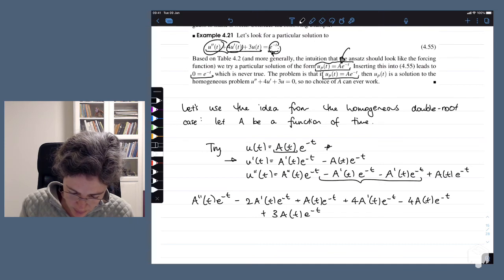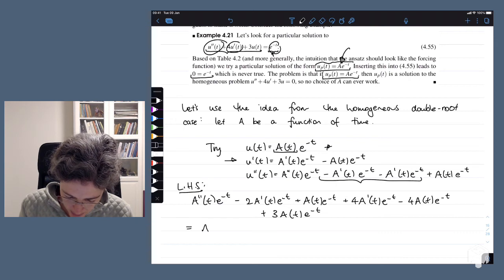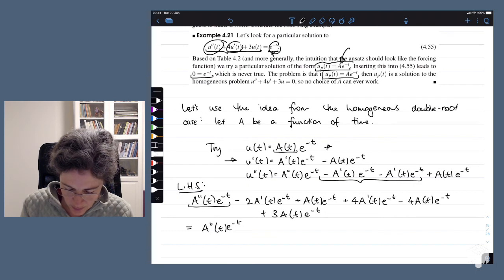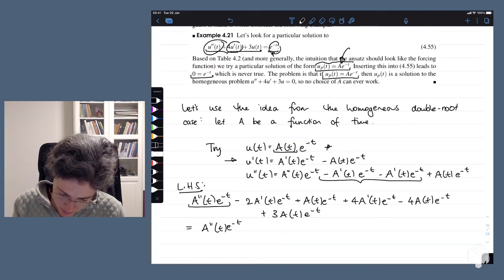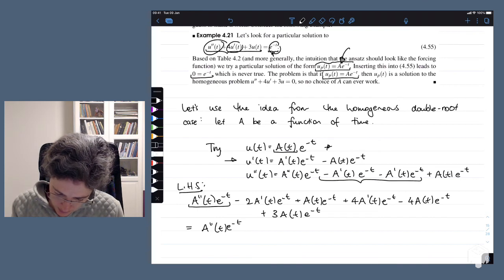So let's just carry on simplifying. So this is our left hand side. So this is equal to, okay, I don't have any other terms with the second derivative of our a, but let's have a look. What have we got for our first derivative terms? We've got a first derivative term here, a first derivative term here.